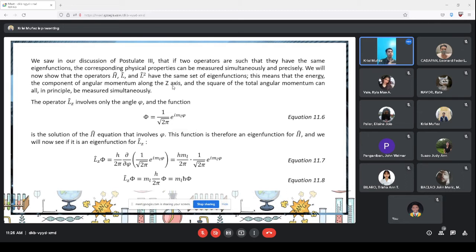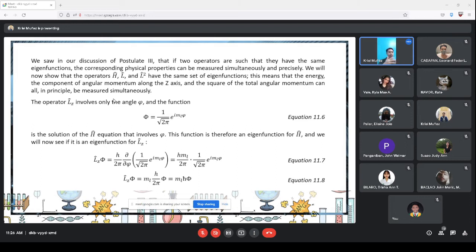What we are proving here is that H hat, L sub z hat (or L sub x or L sub y, whichever you choose, but only one), and L square hat are commuting. We chose the z-axis arbitrarily, but you can use the x-axis or the y-axis and treat it the same way. So the square of the total angular momentum can, in principle, be measured simultaneously.